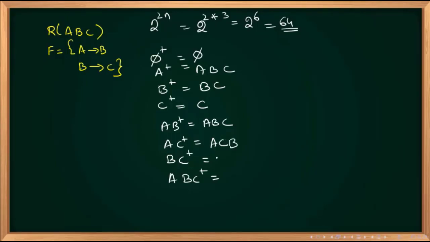Okay, BC closure: definitely BC will come. And then what about A? Will A come in BC closure? No, A will not come, because in BC closure, definitely BC is there. Now B determines C is there, but A we cannot get. C determines A is not there. So only BC is there. So ABC closure again is ABC.